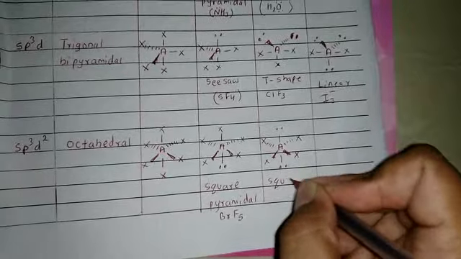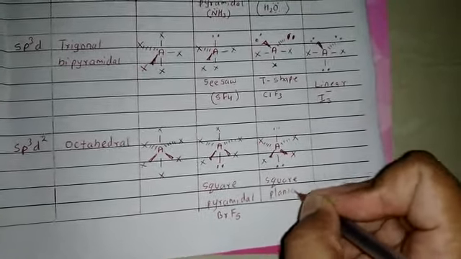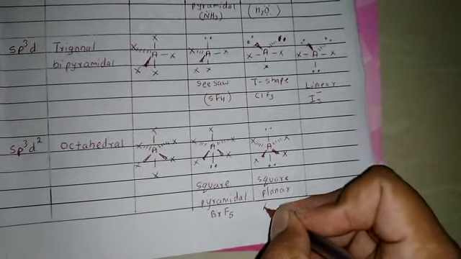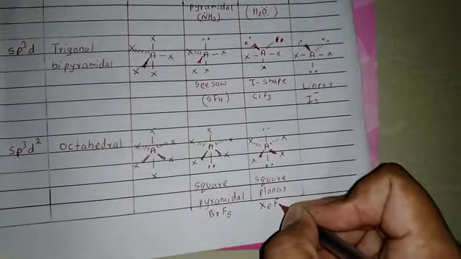The structure will be called square planar. The best example is xenon fluoride, that is XeF4. Hope you got it.